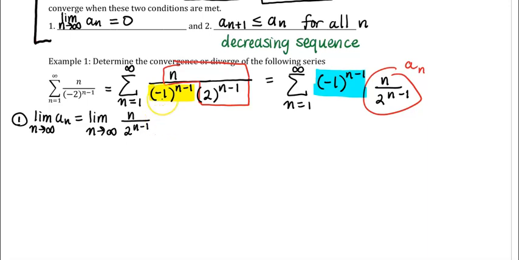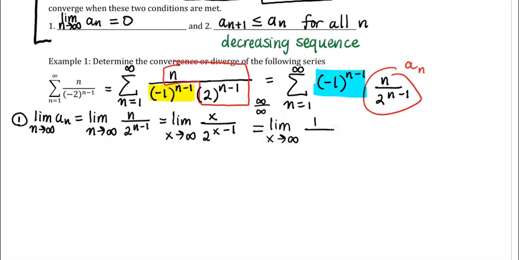We have a theorem that says you can think of that limit as the limit of a function instead of the limit of a series, because when you write it as the limit of a function, you may see the indeterminate form of infinity over infinity, which means that you can come in and apply L'Hopital's rule, which tells us to take the derivative in the numerator to get 1 and the derivative in the denominator to get natural log of 2 multiplied by 2 to the x minus 1.